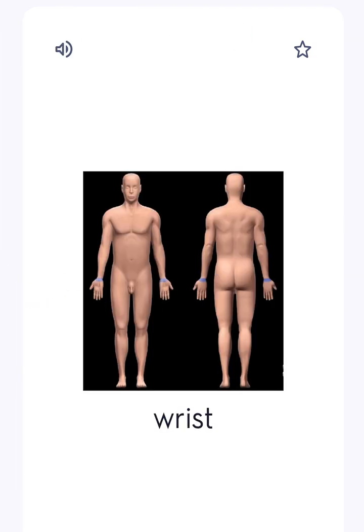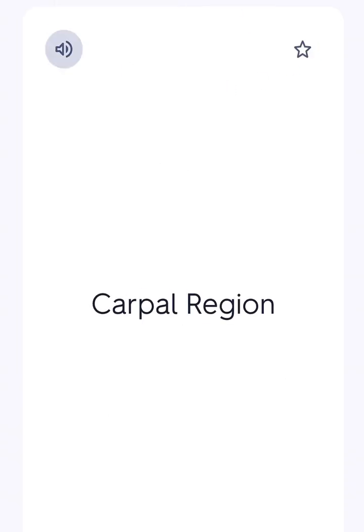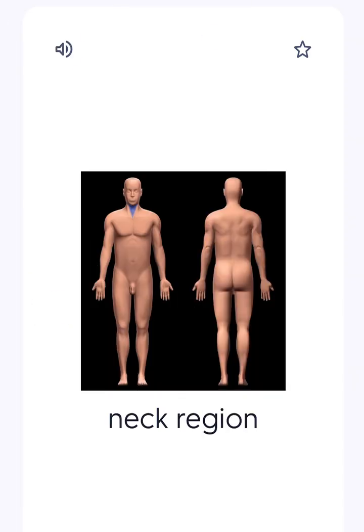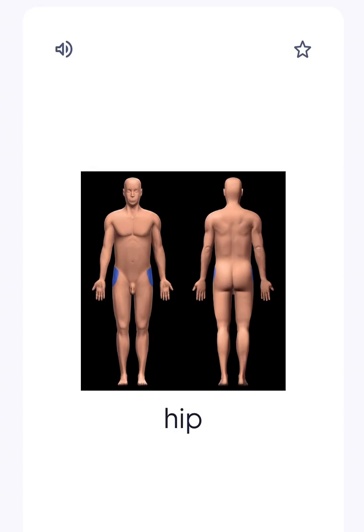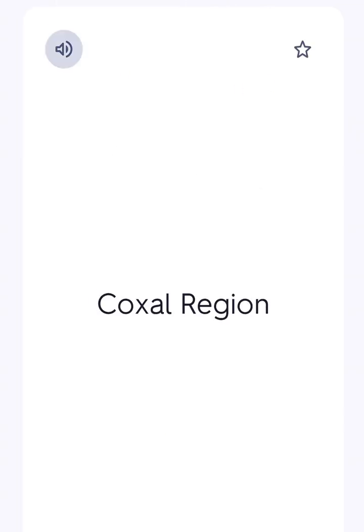Wrist: carpal region. Neck region: cervical region. Hip: coxal region.